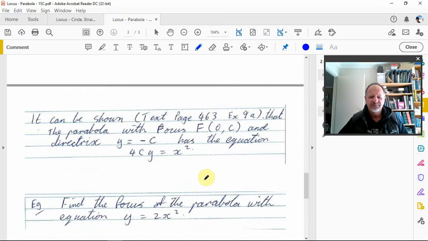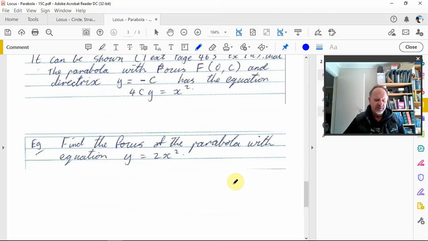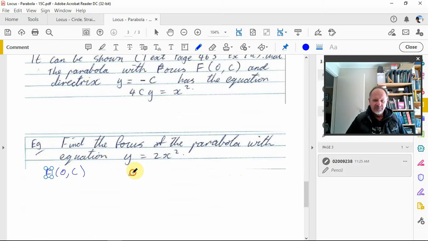It says here, find the focus of the parabola with equation y equals 2x squared. So our focus is at (0, c) if it's in this form, and we've got 4cy equals x squared. At the moment we've got y equals 2x squared.